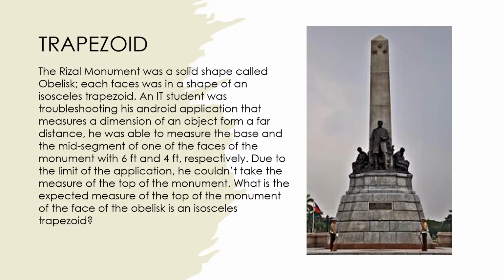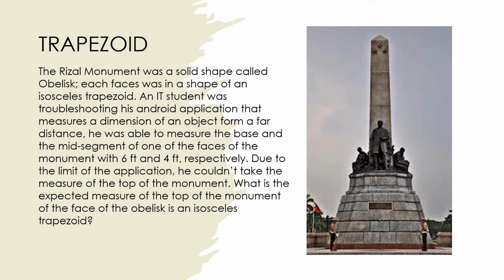The Rizal monument was a solid shape called an obelisk. Each face was in the shape of an isosceles trapezoid. An IT student was troubleshooting his Android application that measures the dimensions of an object from a far distance. He was able to measure the base and the mid-segment of one of the faces of the monument with 6 feet and 4 feet respectively.